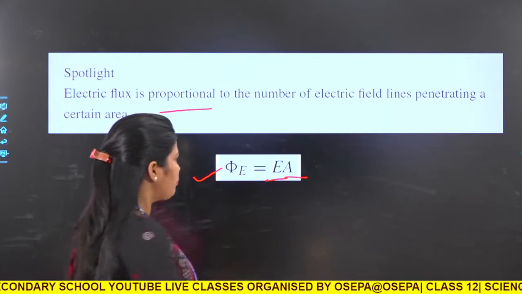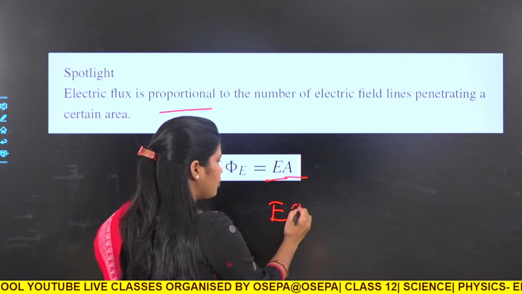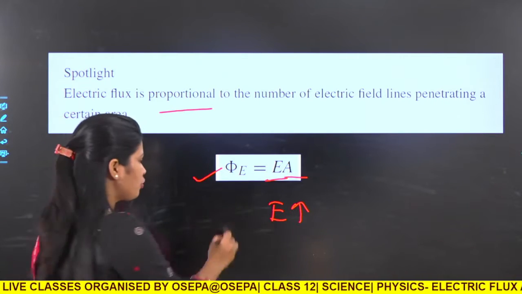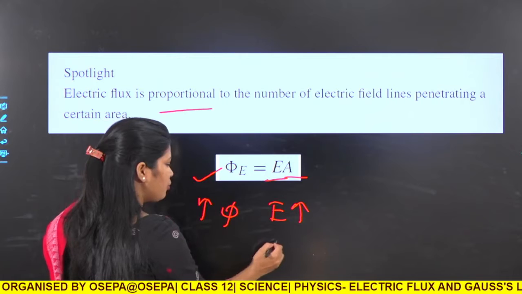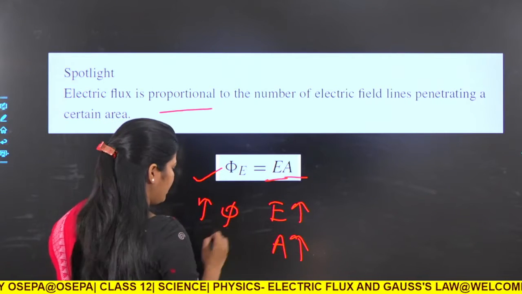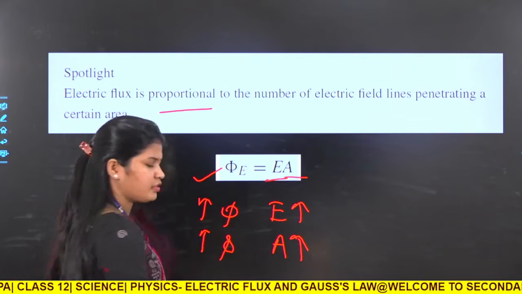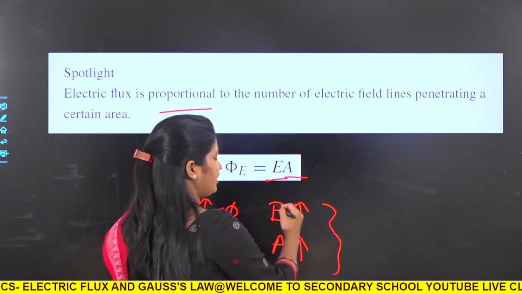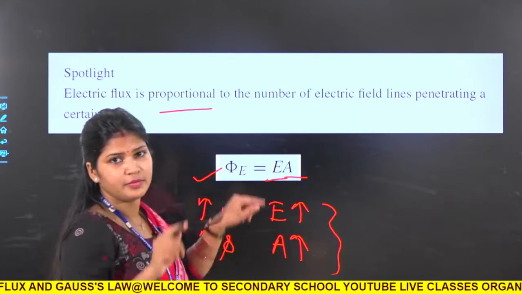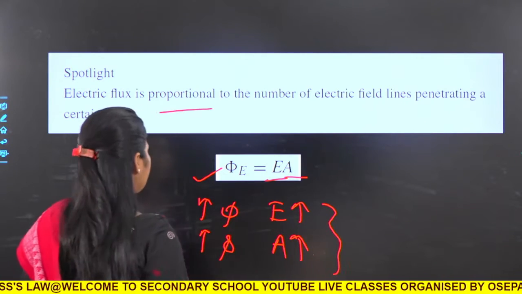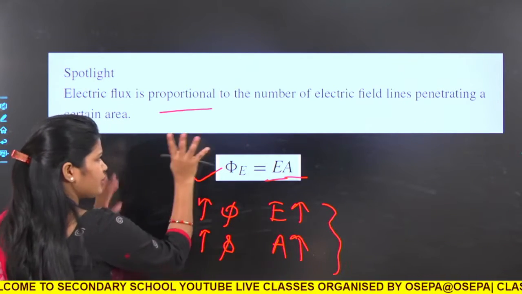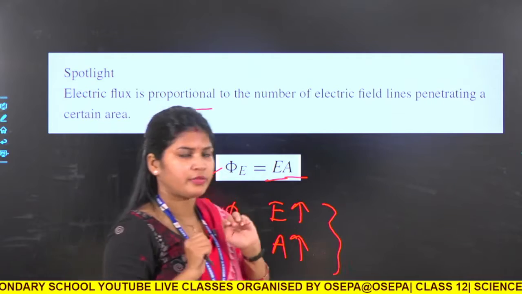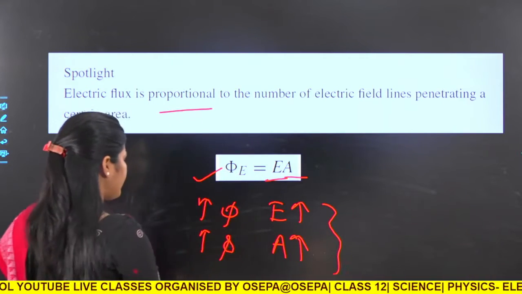More will be the electric field, more will be the flux, and more will be the size of the area, more will be the flux also. So this depends on the electric field and the size of the area. And this is a qualitative definition of electric flux. Then how can we represent it mathematically, quantitatively?